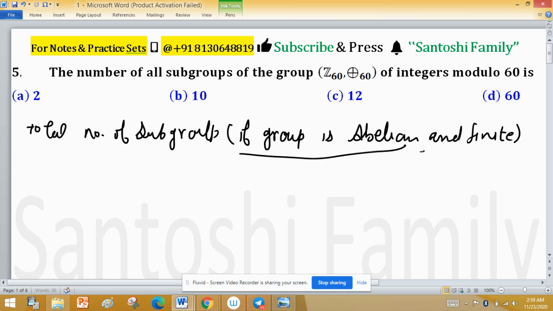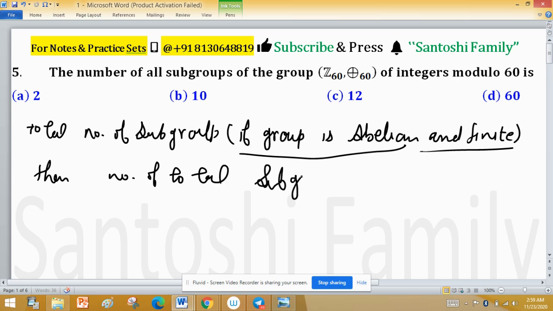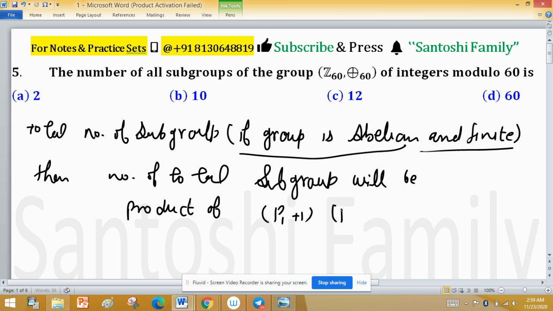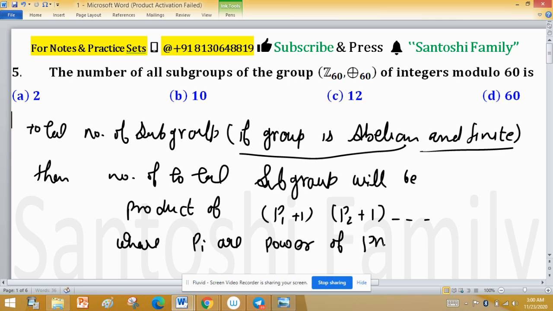If the group is abelian and finite, then the total number of subgroups will be the product of (p1 plus 1), (p2 plus 1), and so on, where the pi are the powers in the prime factorization.